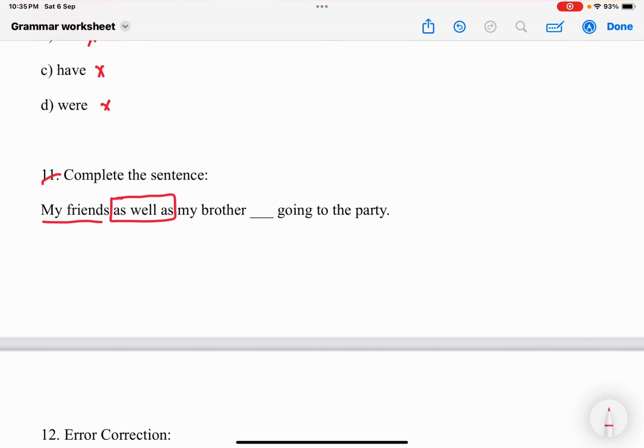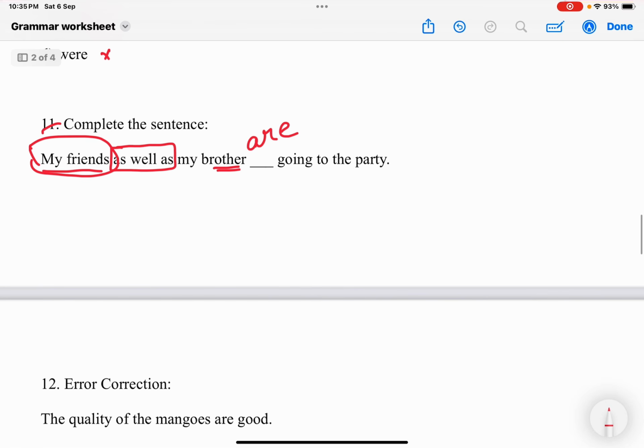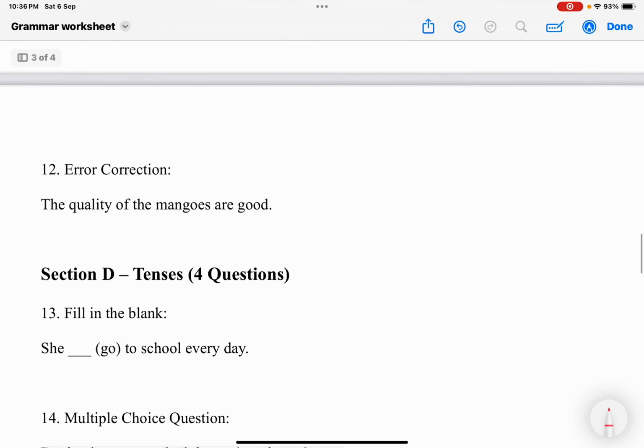Here the verb would not agree with this one, but the first subject we need to pay attention. If it is a plural, then plural verb is to be used. If it is singular, then singular verb is to be used. So my friends as well as my brother are going to the party.